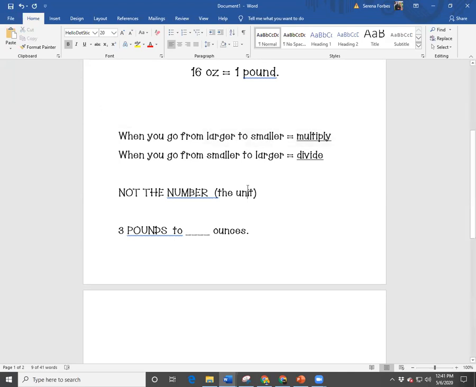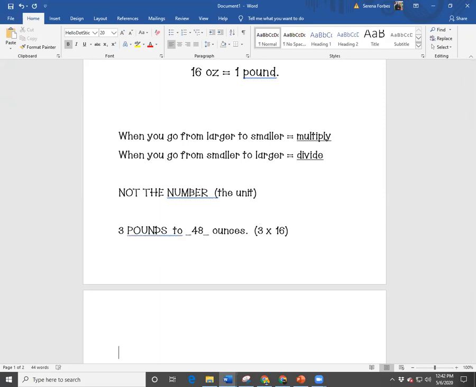It is the unit. I will repeat myself again. That is the important thing when you know whether to multiply or divide, right? So you would do this problem as 3 times 16 to figure out how many ounces is in 3 pounds, and you would get the answer of 48 ounces.